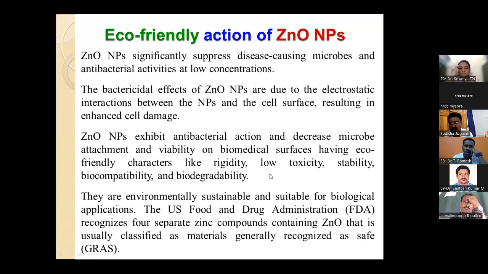And this has been proved by the FDA, that is the US Food and Drug Administration, that recognizes four separate zinc compounds containing zinc oxide that are usually classified as GRAS, that is generally recognized as safe material. So this is the concept where we use more of the zinc oxide material in order to synthesize the various nanoparticles by using various capping agents that we use from the plants.